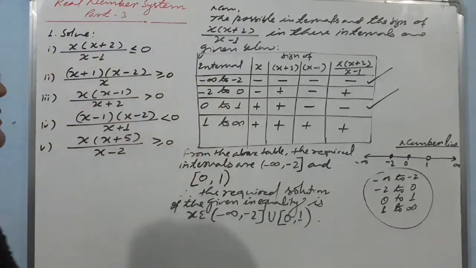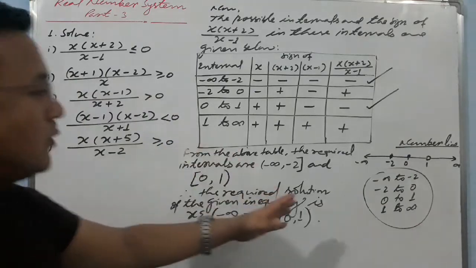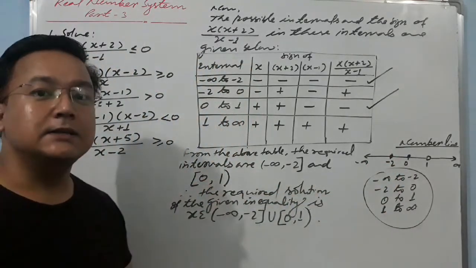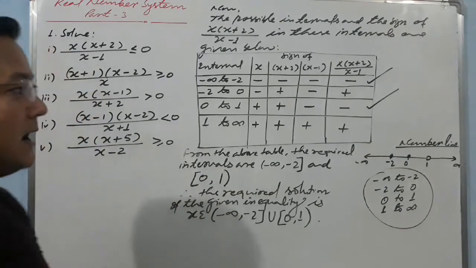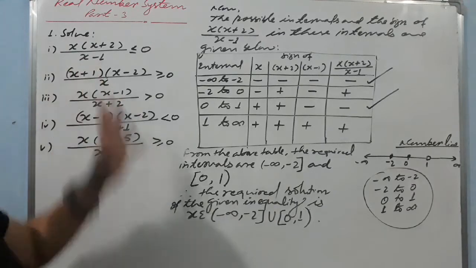This is the solution. This is the proper way to find the solution. Otherwise we can find it immediately from this number line also, but you need to show each and every part in the exam. That's why I have explained each and every part of the solution of this question.